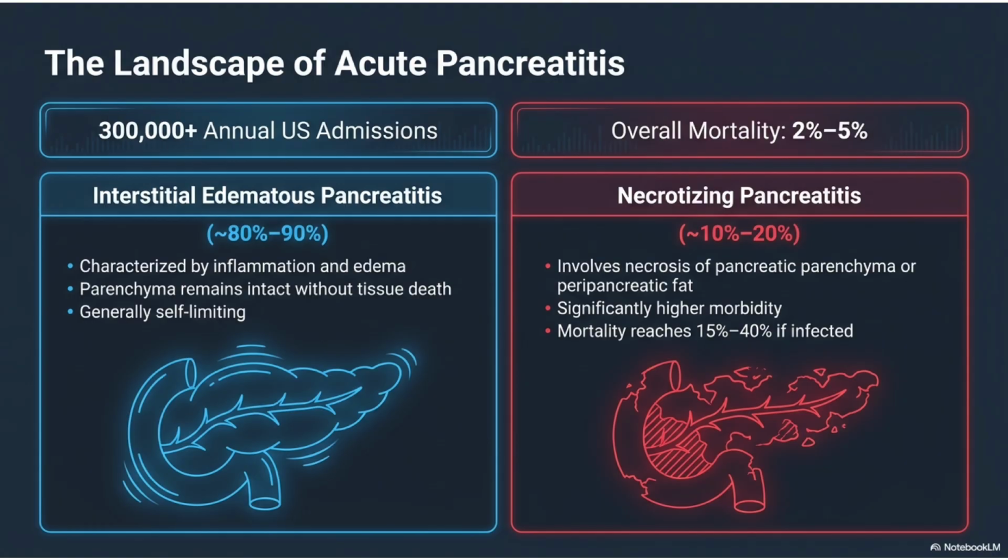This can be appreciable on imaging. So CT abdomen for a worsening acute pancreatitis patient is often used for diagnosing the situation, and mortality can reach up to 15 to 40% if you're dealing with an infected acute pancreatitis.